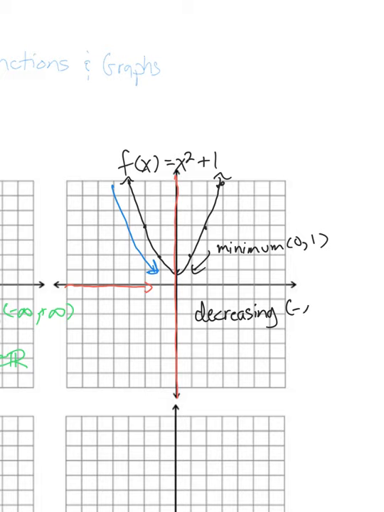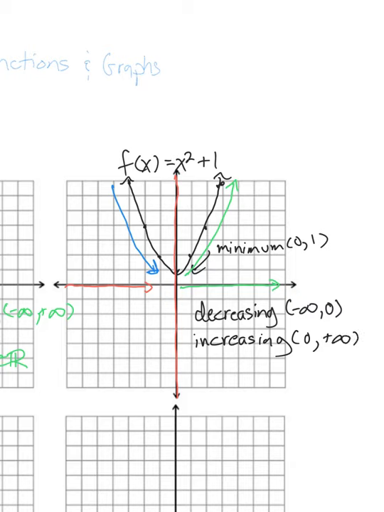So negative infinity to 0. Then what is it doing after the 0? Look at that. It is going up. So it is actually increasing as it goes up. So we first say it's decreasing, and then it is increasing from 0 to positive infinity.